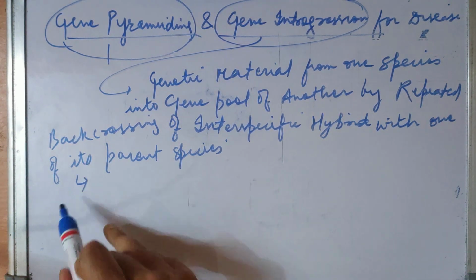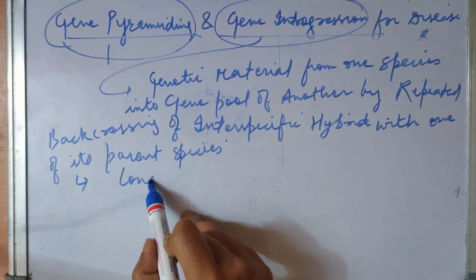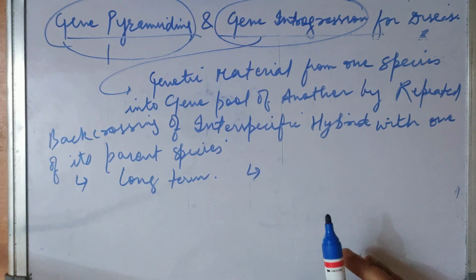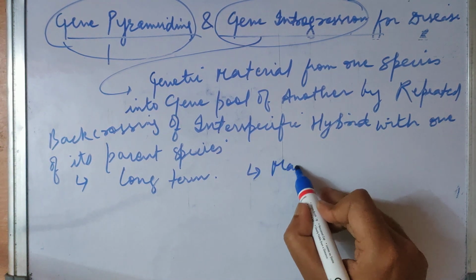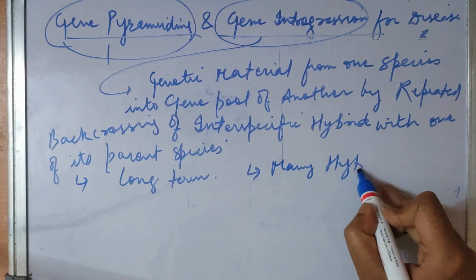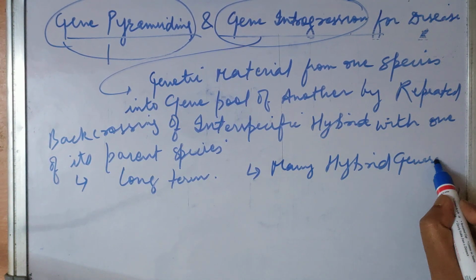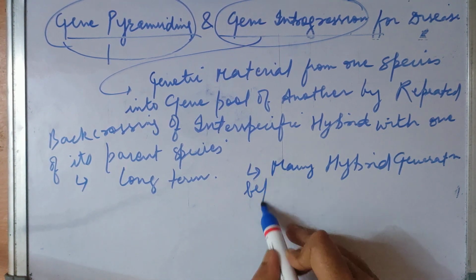It is a long-term process. Although it is artificial, it is a long-term process. It may take many hybrid generations before significant backcrossing occurs.